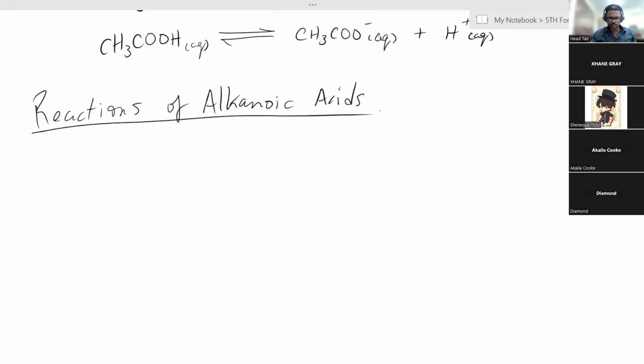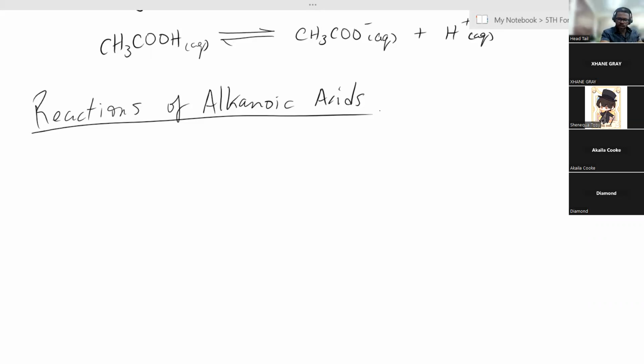The salts formed by ethanoic acids are called ethanoates. So anytime you use ethanoic acid and it forms a salt, we just call it ethanoate. If it was butanoic acid, we will call it butanoate. If it was hexanoic acid, we'll call it hexanoate. So that's the name of the salt.